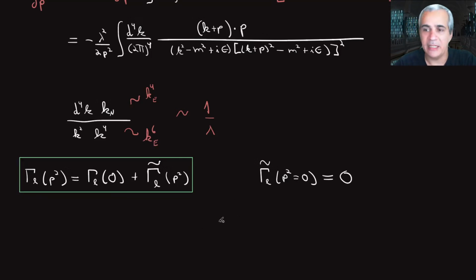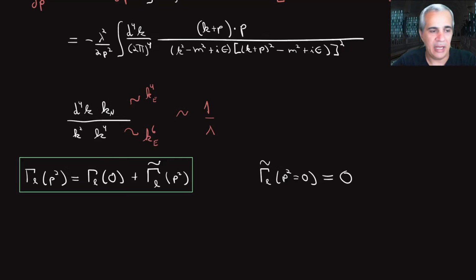So again, this derivative regularization can be used in itself, but that's not what I'm doing here. I just used it to justify that the divergence is contained in this part where I calculate this at 0. Everything else is finite.